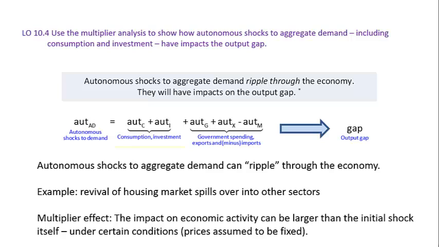An example that we gave was how the revival of the housing market spilled over into other sectors of the economy, and according to the multiplier effect, we learned that the ultimate impact on economic activity of a particular shock can be larger than that initial shock itself. One of those conditions was that we assumed prices to be fixed.